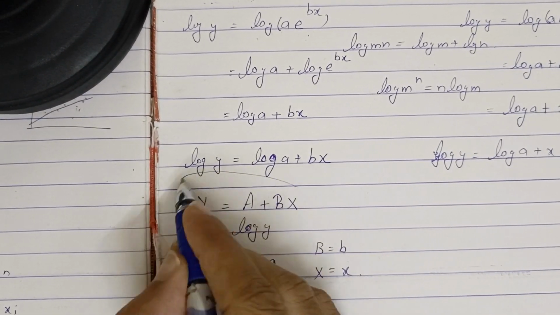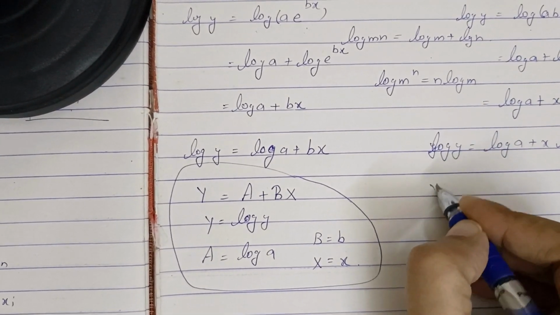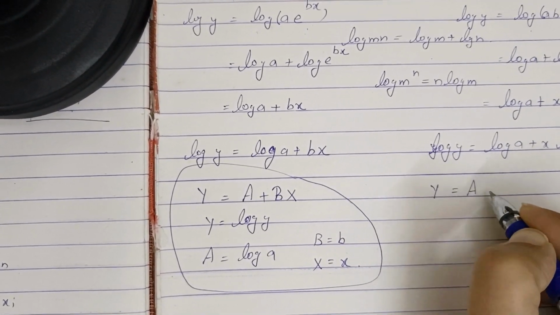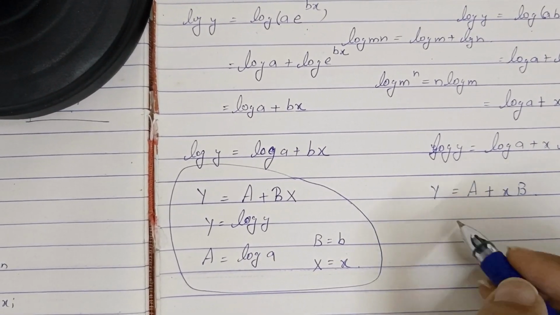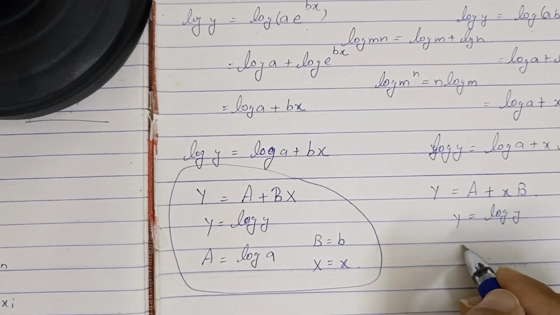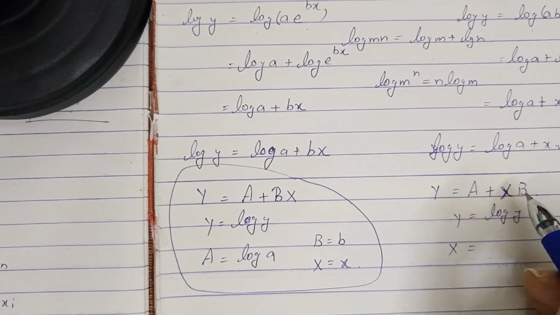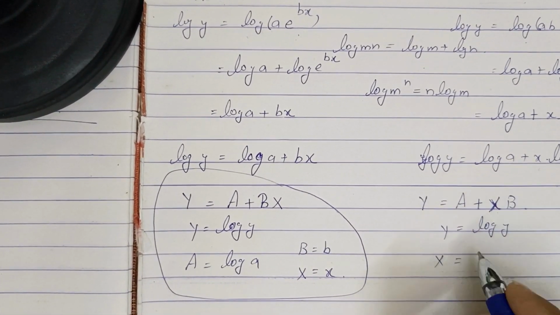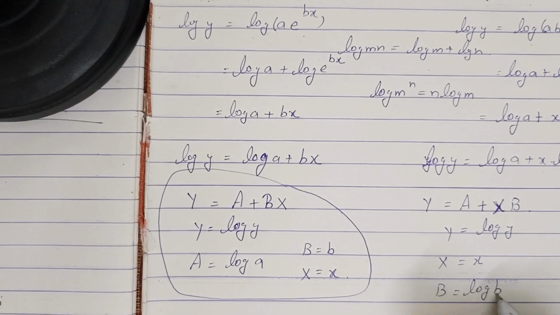On this side I will write capital Y is equal to capital A plus capital X capital B. Here you can see that capital Y is equal to log y, capital X is equal to small x, and capital B is equal to log b.